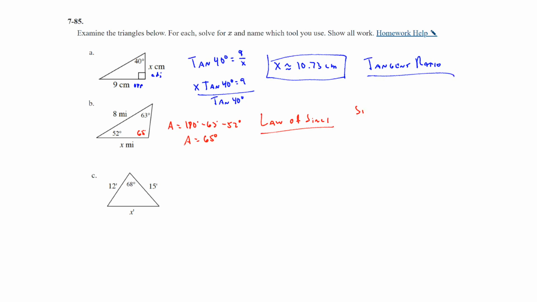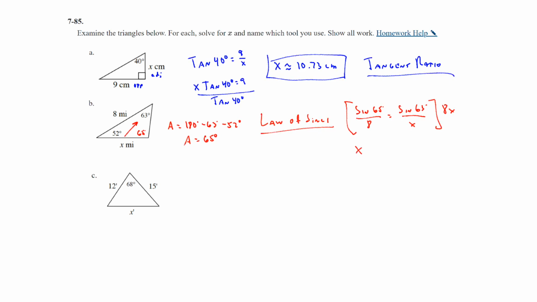And we can take sine of 65 degrees over 8. And we want the angle across from x, which would be sine of 63, and that will be over x. And then we can solve law of sines, multiply both sides by 8x.